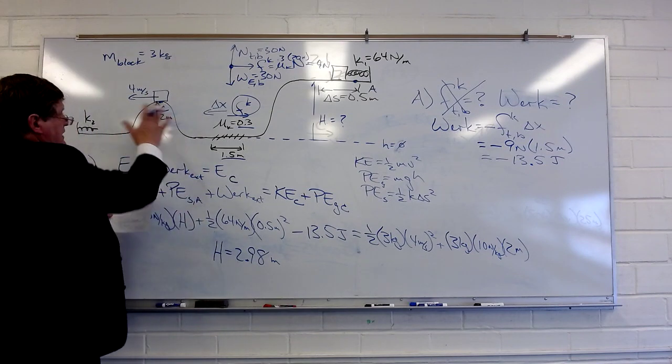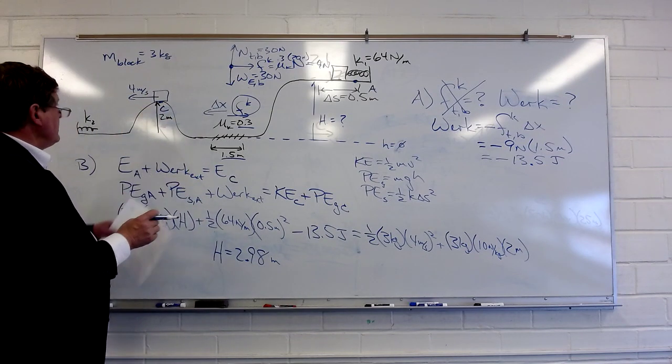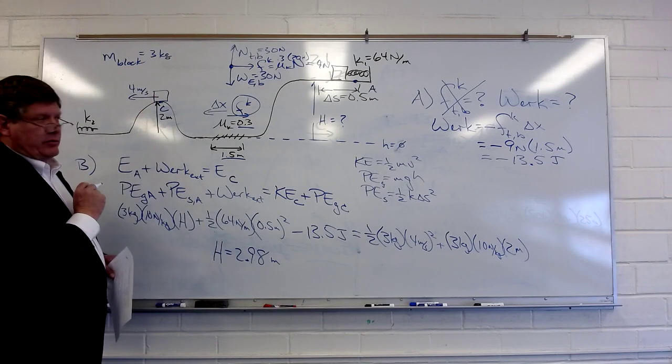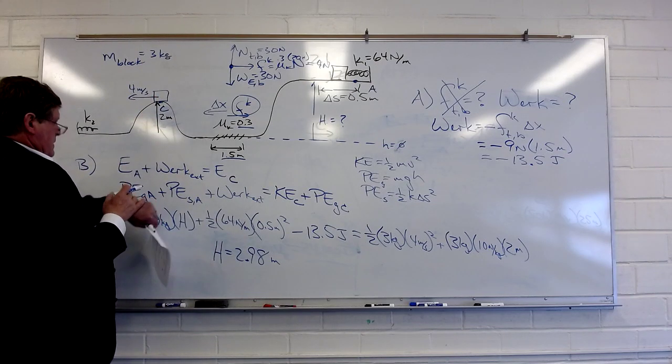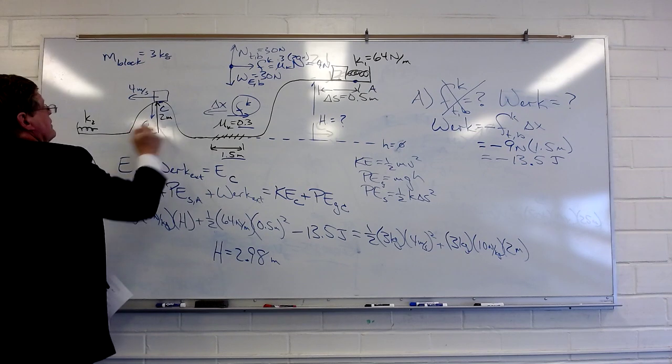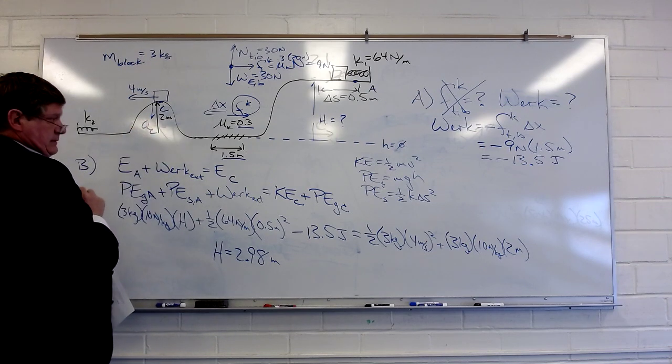Now, this is just like the skier problem. We want to know what is the acceleration of the block at point C. Well, again, it's traveling in a circle, and so the acceleration is going to be centripetal towards the center of the circle.